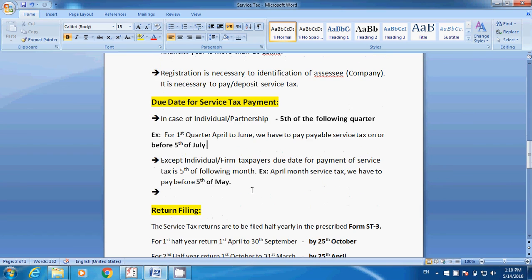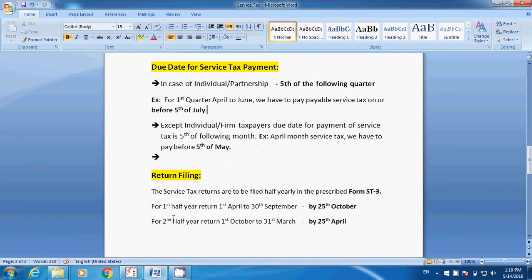Next, coming to return filing. The service tax returns are to be filed half-yearly in the prescribed form ST3. So we'll use form ST3 to file the returns, based on the challans we have paid.